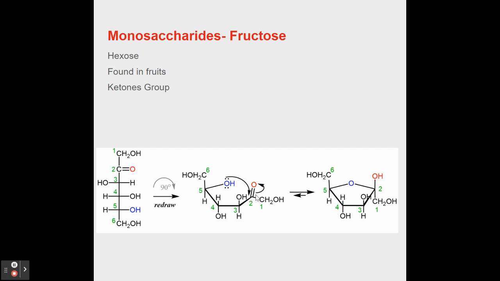Once that carbon bonds with that oxygen, it can let go of one of the bonds to the double bonded oxygen, ultimately gaining a hydrogen proton from the water, usually a hydronium ion bumping into it. Now you're left with a fructose molecule like this.